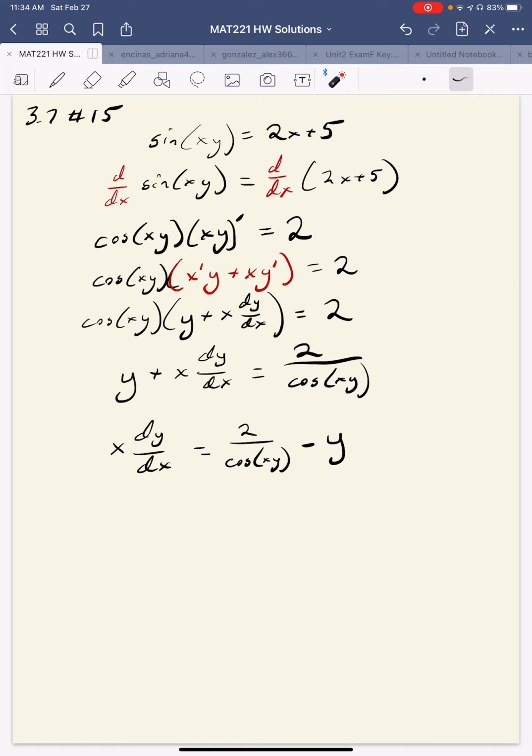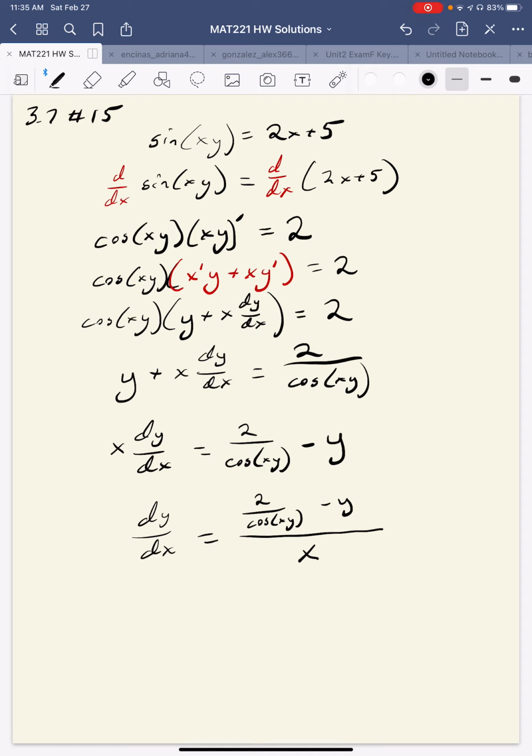And now I'm going to divide both sides by x, which gives me dy/dx is equal to 2 over cosine xy minus y, that whole thing divided by x. And I can leave it just like that, or I can move it around a little bit.